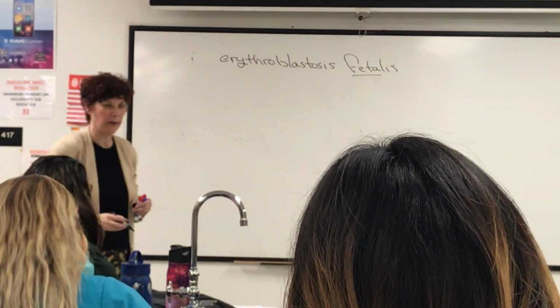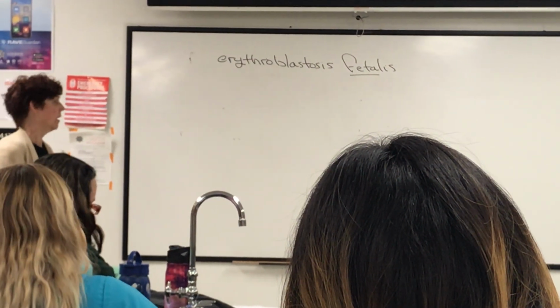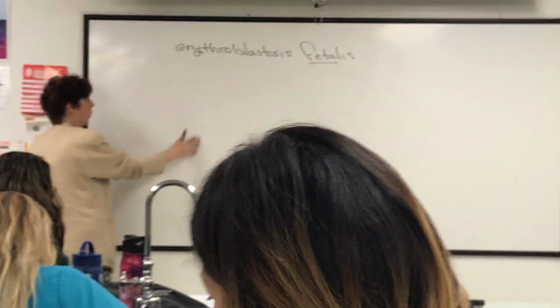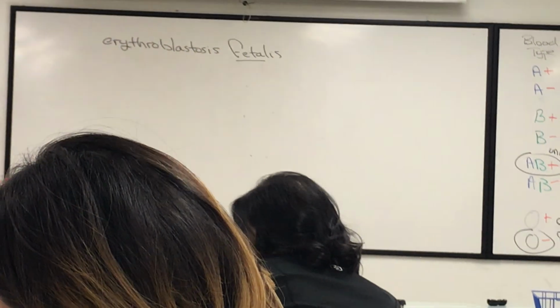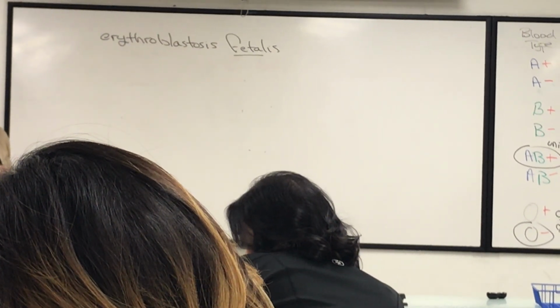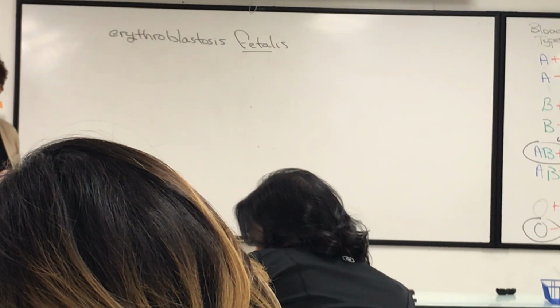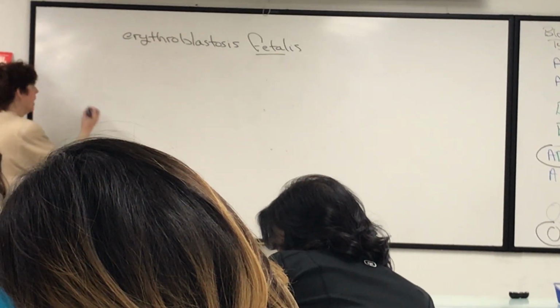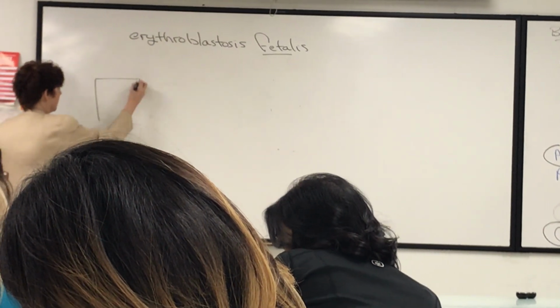We're talking about babies, although it often is fatal. So erythroblastosis fetalis is a condition that occurs when the mother's blood type is negative and the baby's blood type is positive, okay?